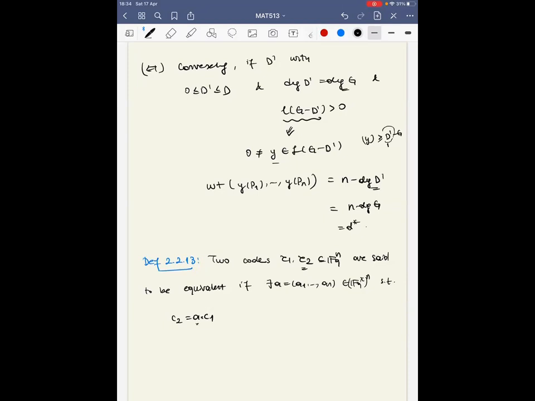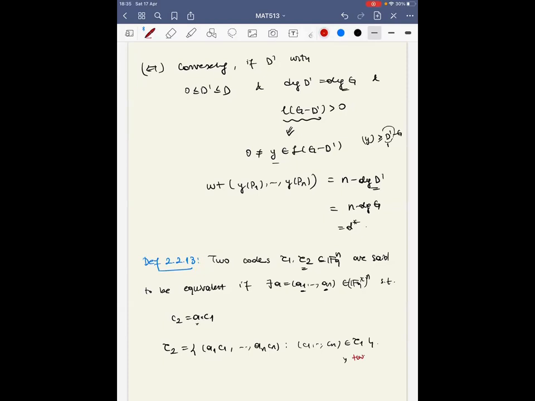By this multiplication, what we mean is the star multiplication. That means we multiply the coordinates of the given vector A by the coordinates of the code words from C1.